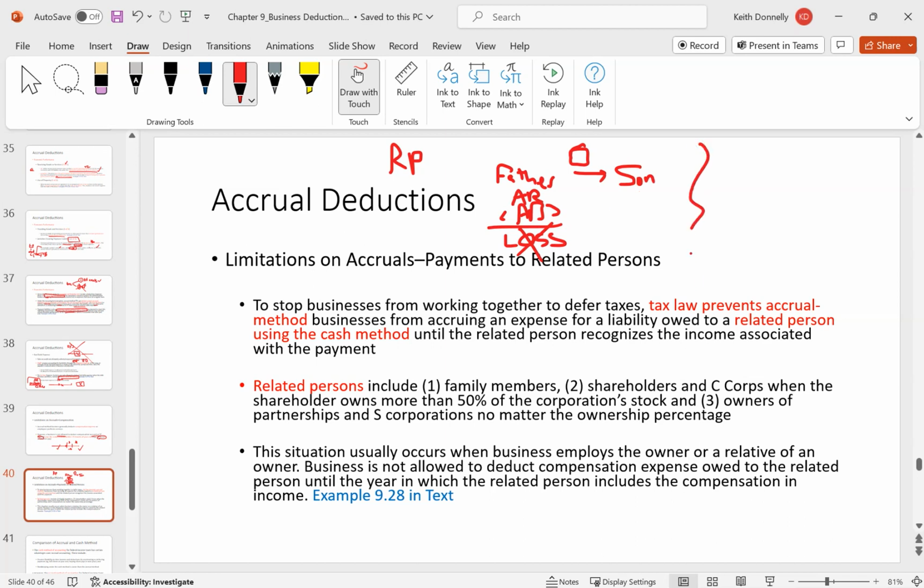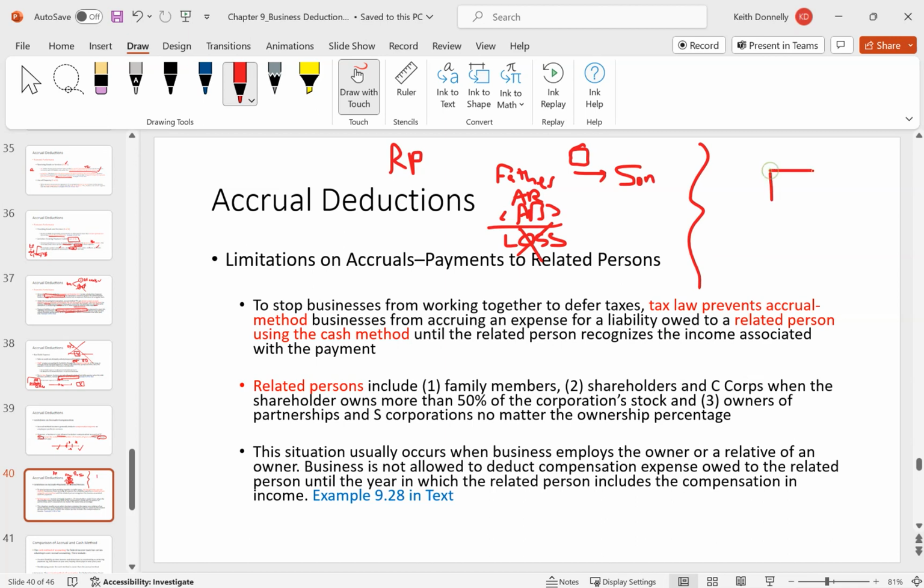The next setup says this. Whenever you have an accrual method business, you can have related parties between family members, and you can have them between owners of a business. Like you and a business you 100% own are related parties. You can manipulate things there because you own it.